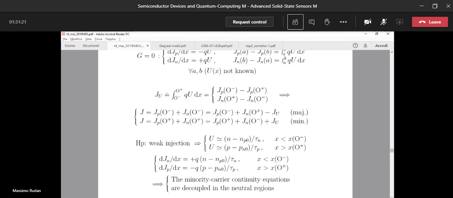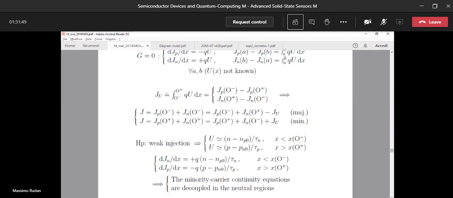After introducing this simplification that is extremely important, the continuity equation for the electrons is derivative of Jn over dx equal to q times n minus np0 over tau n. So it depends only on n, on the minority carriers, okay?